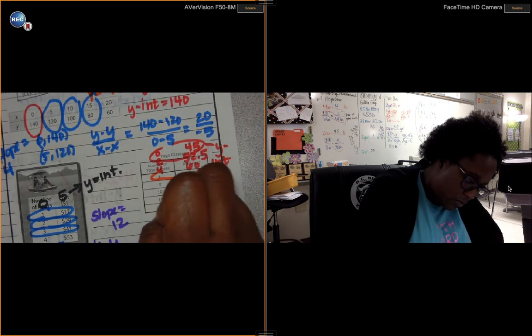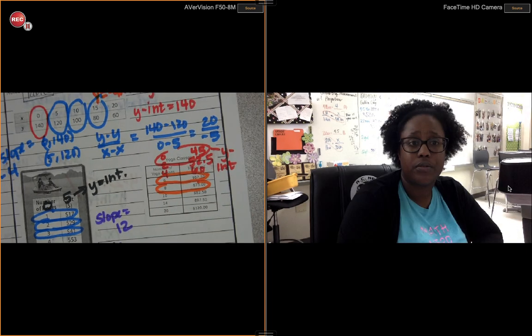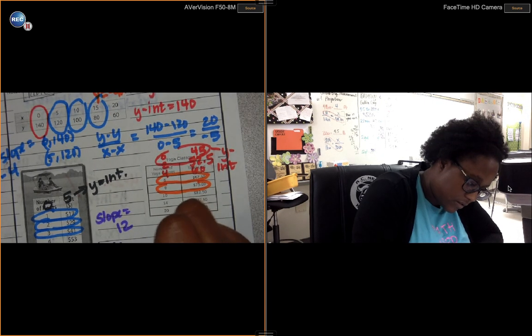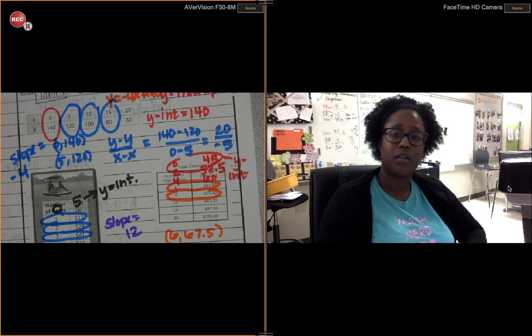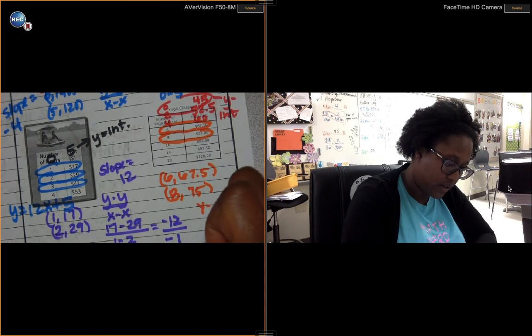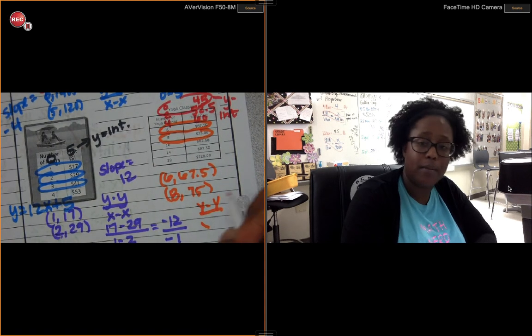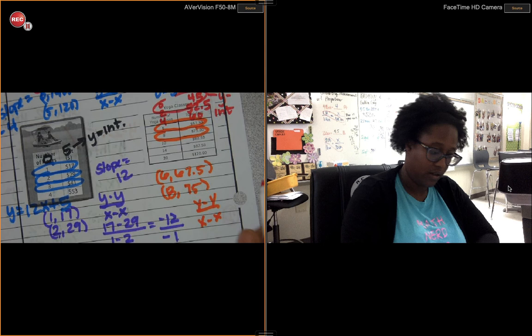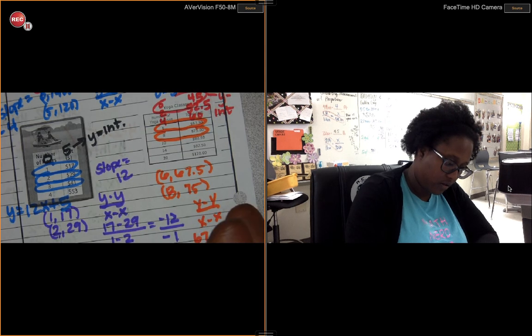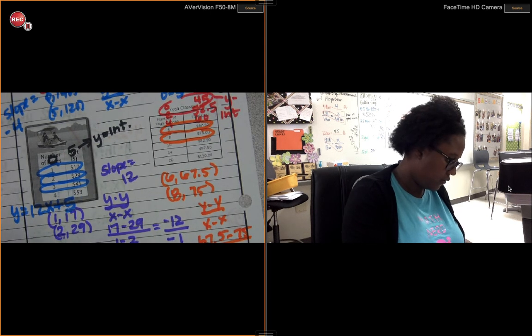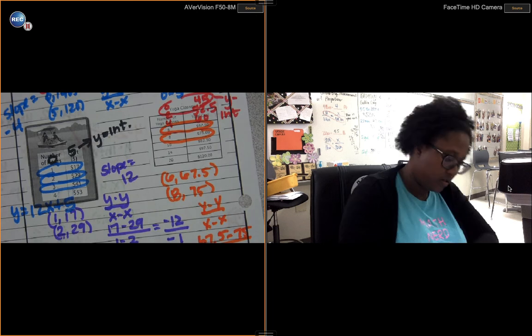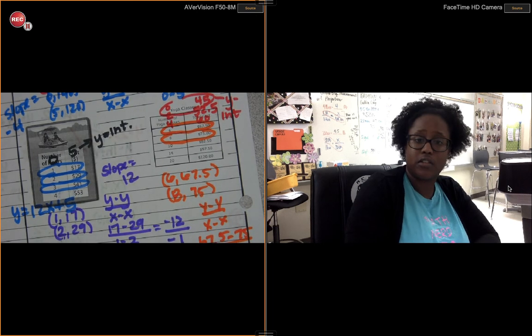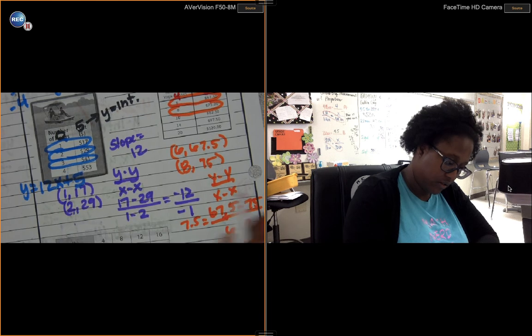So we're going to use this coordinate point, and we're going to use this coordinate point. Okay, so we have 6, 67.5, and 8, 75. Okay, so we have y minus y over x minus x. This is x, this is y, this is x, this is y. So 67.5 minus 75, 6 minus 8. 67.5 minus 75 gives me negative 7.5, and then 6 subtract 8 is negative 2.